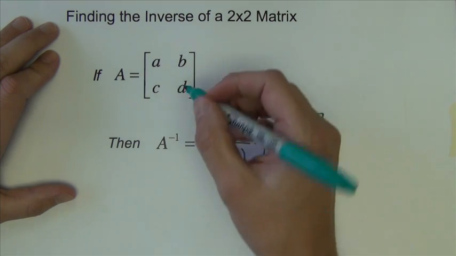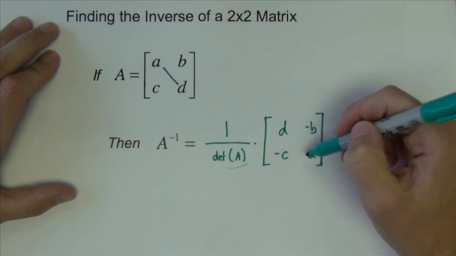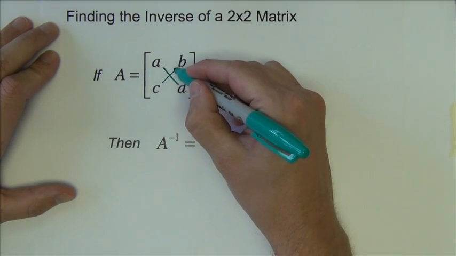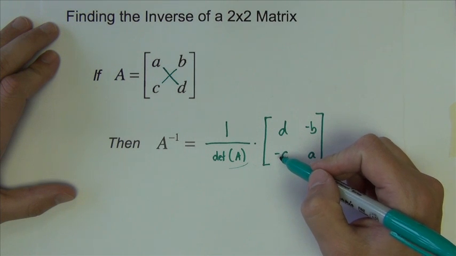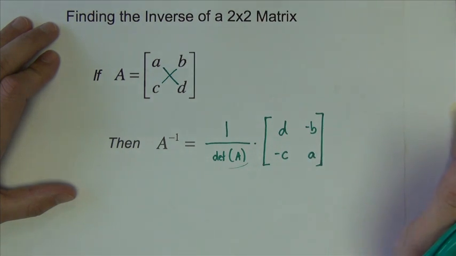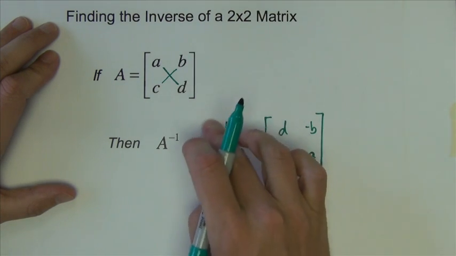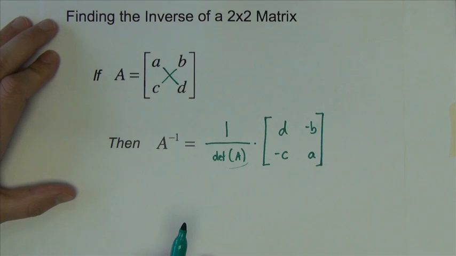We take the numbers on the main diagonal, the A and the D, and just switch places. The numbers on the secondary diagonal don't switch places, but they switch signs. Positives become negatives and negatives become positives. This fraction would then just distribute to all the numbers inside the matrix. So let's show a couple of problems of that.